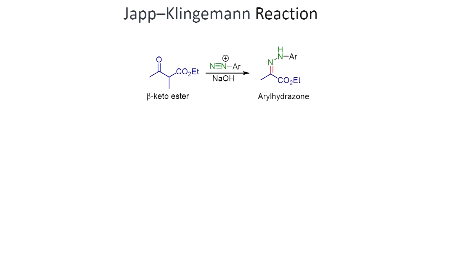Now, as we have just seen, if you have the beta ketoester, you can try to react it with the diazonium salt, and you will be able to form the hydrazone as the product.